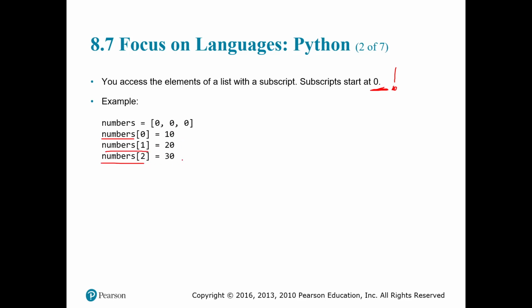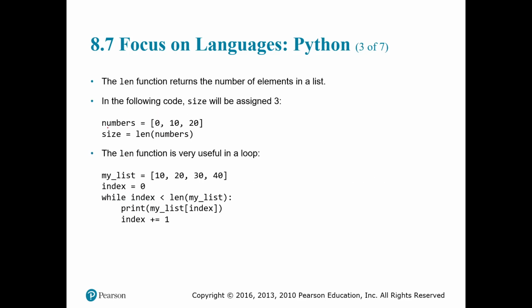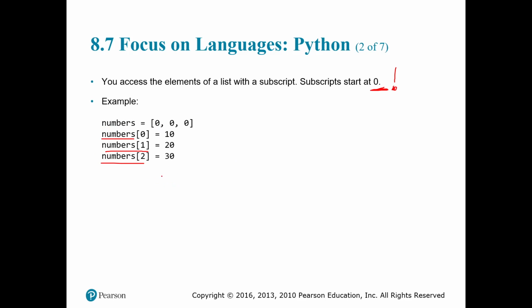And at subscript 2, we want to have 30. This is what it is going to do. So this is going to be your new array. 10, 20, 30. Instead of being at 0, 0, 0, because we assigned a value to each subscript that is in that array.